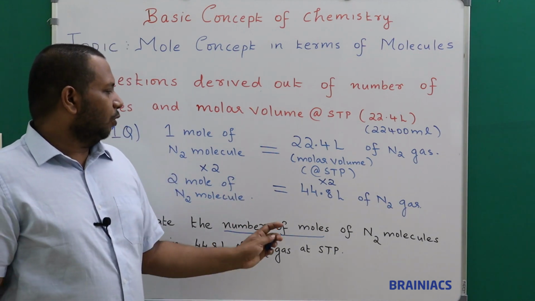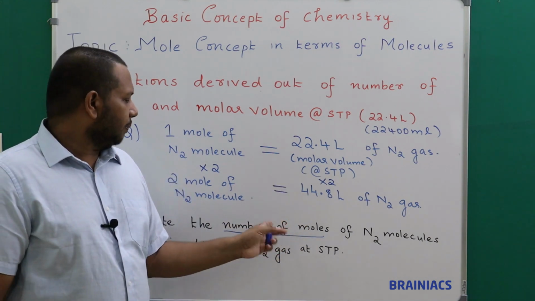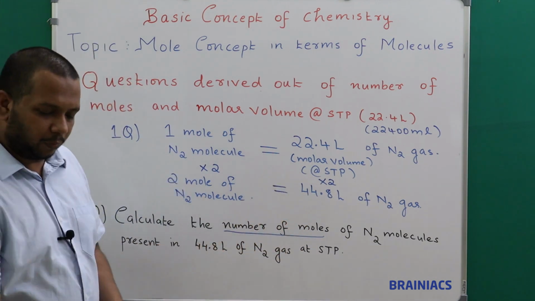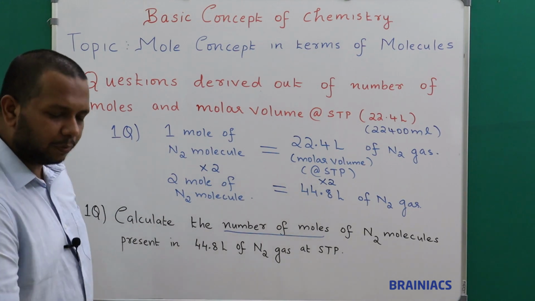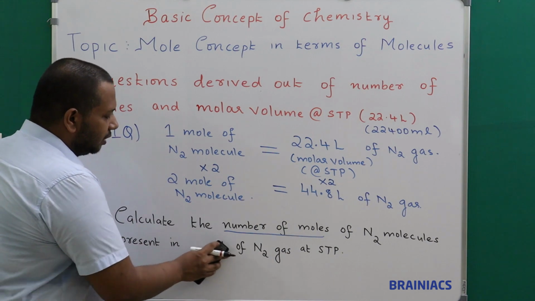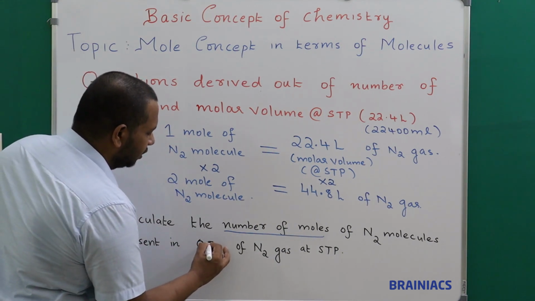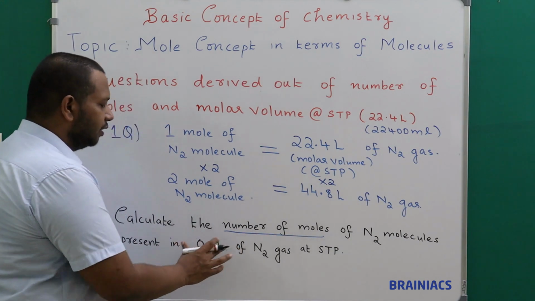Okay, so I am also extending this example to make it more understandable. Suppose in the question, instead of 44.8 liter, they want you to find it for 0.5 liter. This is a new question, don't think it's the older question.